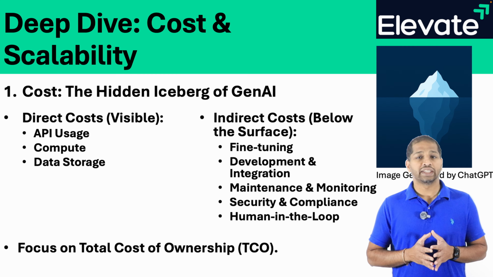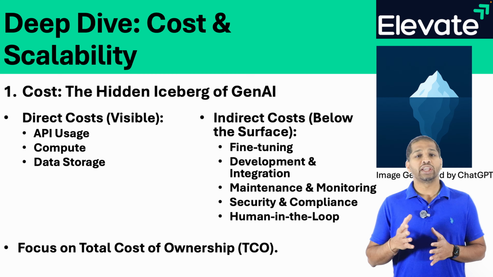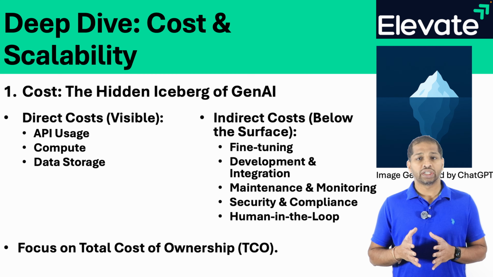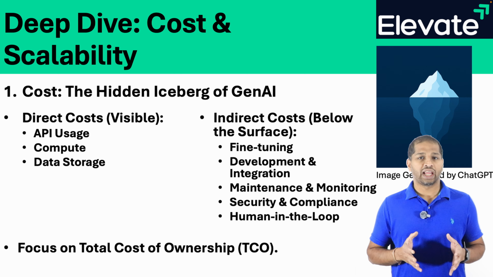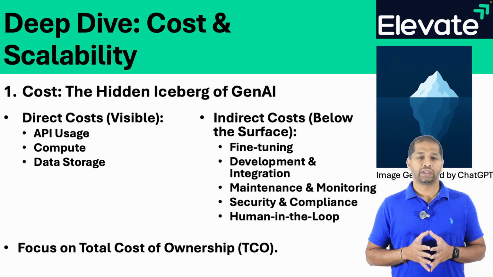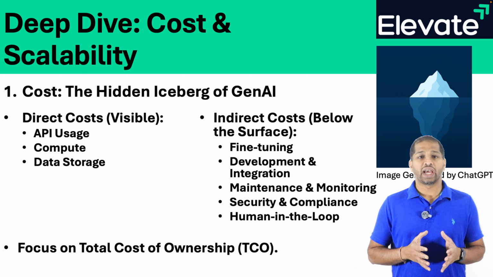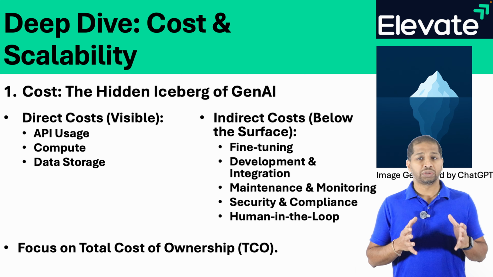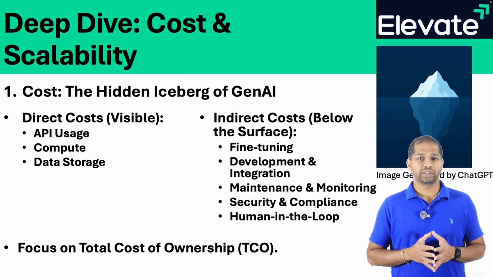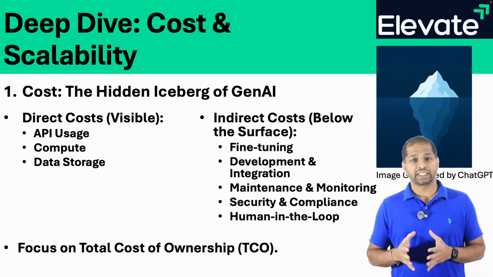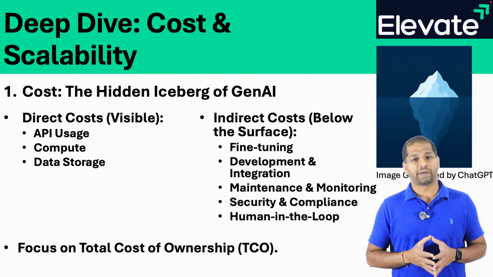If you are using managed services, it's your API usage, paying per token or per call to providers like OpenAI or Cloud. If you are self-hosting, it's the compute resources, the expensive GPUs and CPUs needed for both training and inference. And of course, data storage for your training datasets, fine-tuning data, and the models themselves.